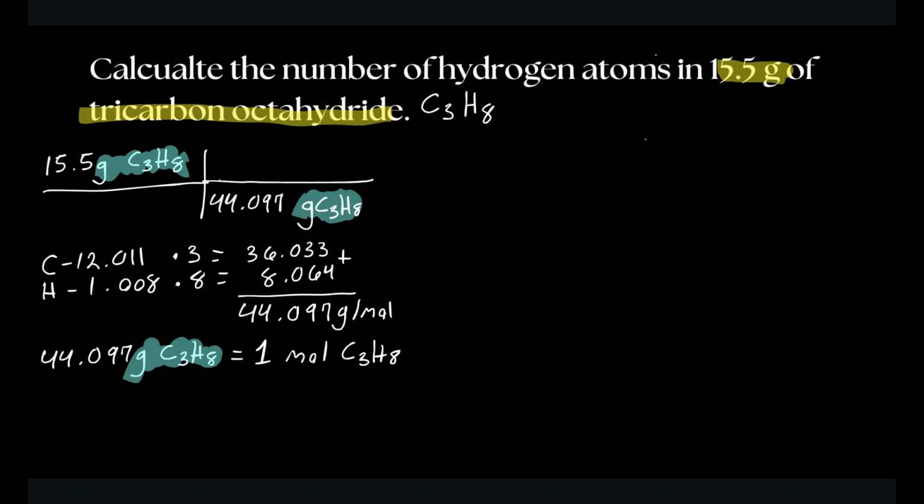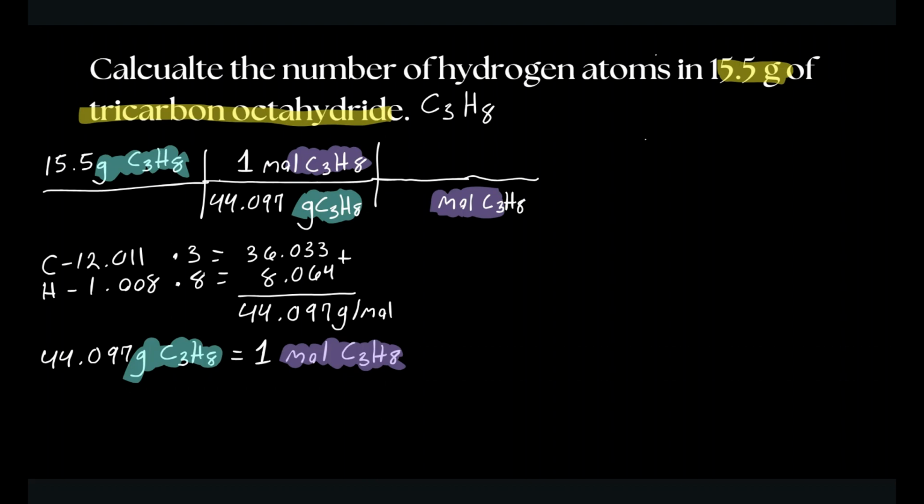That is equal to our mole of our C3H8, which will go on top. Now, ending in moles, we're not quite finished, so we need to go ahead and continue on. We have the mole of our C3H8 on top, so we know that in the next diagonal, we're going to need our mole of our C3H8.